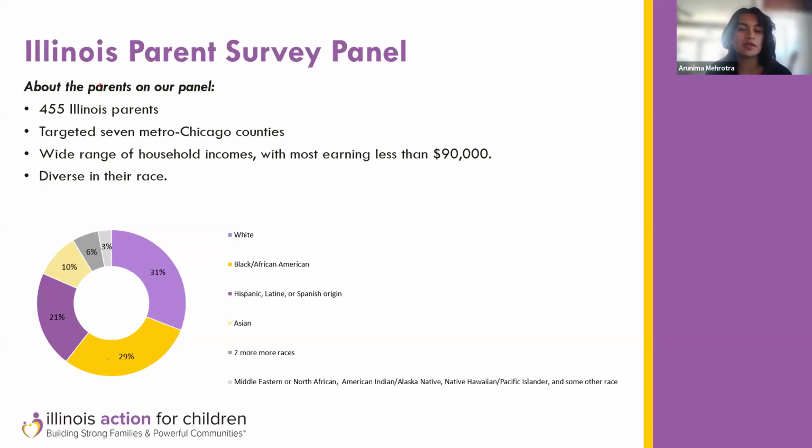We tried to recruit from 7 Metro Chicago counties. However, we were able to talk to parents from 34 different counties in Illinois, and parents span a large range of household incomes, with most of them earning less than $90,000 per annum. And parents are also quite diverse in their race in our parent survey panel as well.